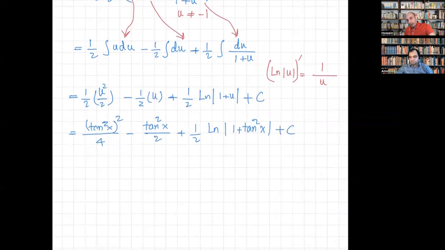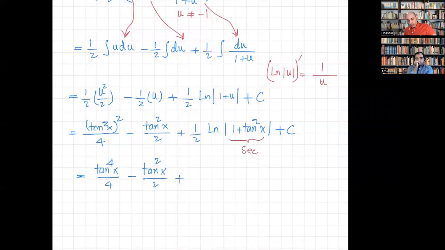And then from here, we can simplify further. So tangent squared to the power of 2 is tangent to the power of 4 of x divided by 4, minus tangent squared of x divided by 2, plus, 1 plus tangent squared we can change to secant squared.